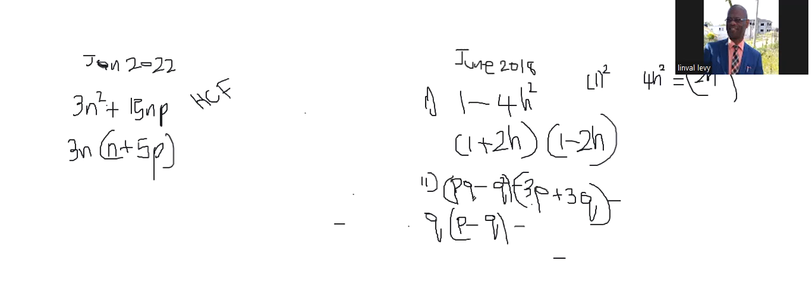Then minus 3 is common. So that's minus 3 open, 3p divided by 3 is p, minus, so you have 3q divided by negative 3, which will be negative q. Right? Negative q or negative 1q.